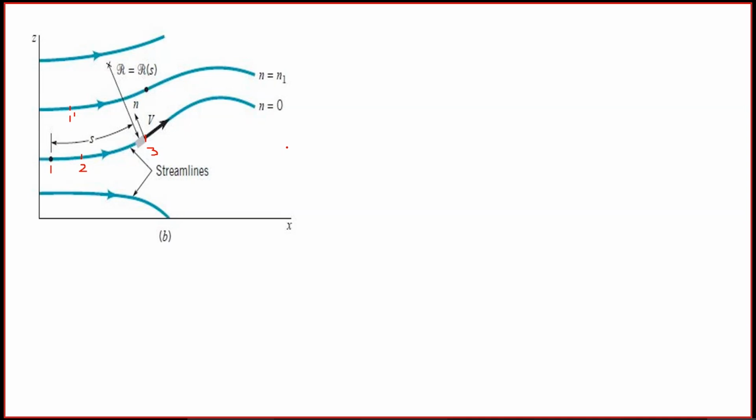So we want to eliminate that position system. What we do, we take the particle and we define two coordinates on it. One is along the streamline, which we call S, and the other is normal to the streamline. So we have defined a new coordinate system, the SN coordinate system.